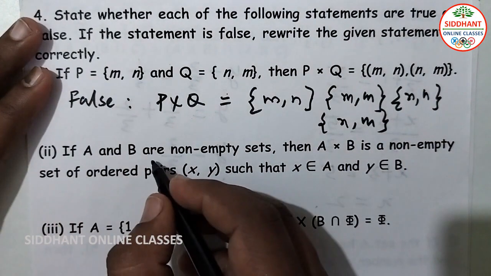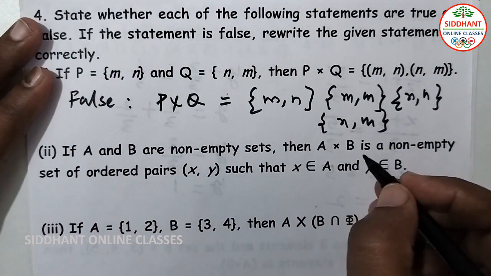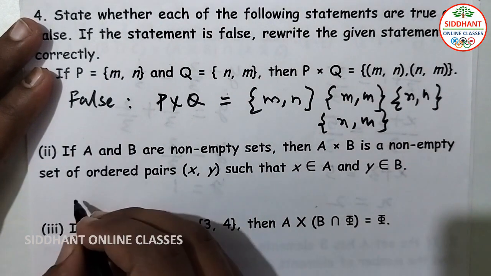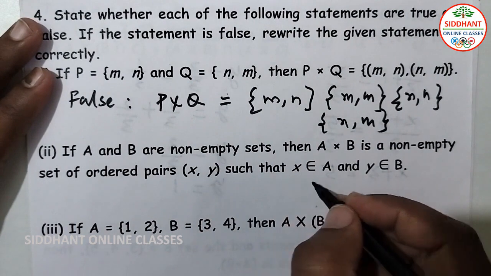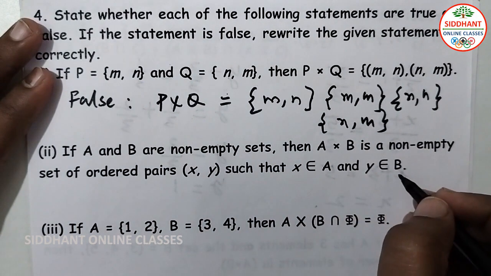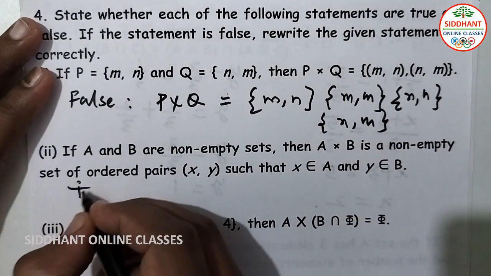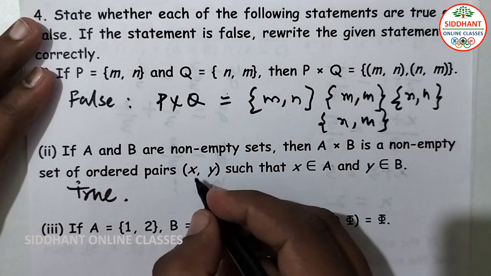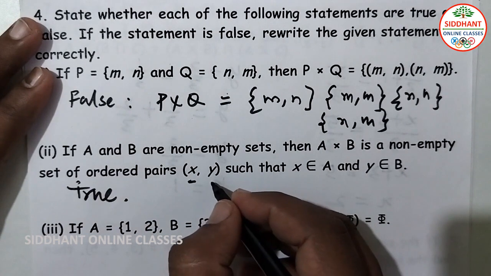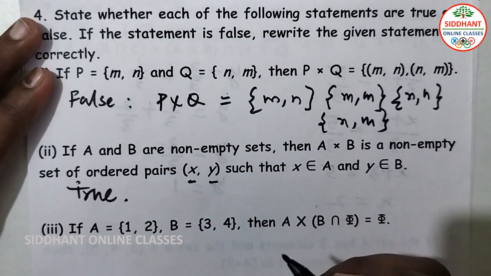Second one, if A and B are non-empty sets, then A cross B is a non-empty set of ordered pairs (x, y) such that x belongs to A and y belongs to B. So this is a true statement because A set is having x element, B set will have y element here.